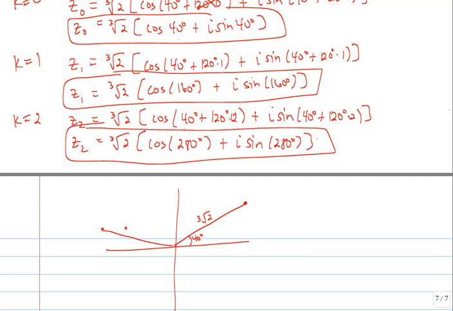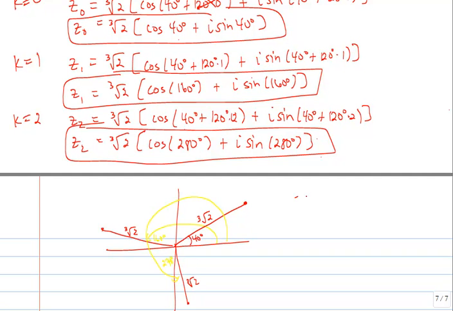And again, this would be cube root of 2, and this whole angle from here to here would be that 160 degrees. And then the third solution that we got was also cube root of 2, but the angle was 280 degrees, which would be just past 270 over here. So this would be 270 all the way across to here, and that magnitude would be cube root of 2.